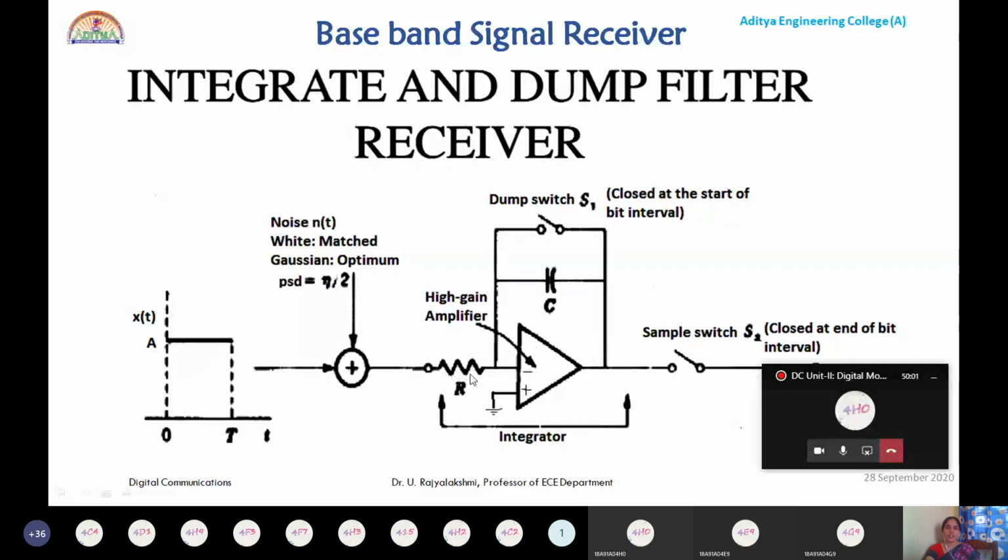For this IC 741, the non-inverting terminal is connected to ground, directly grounded.